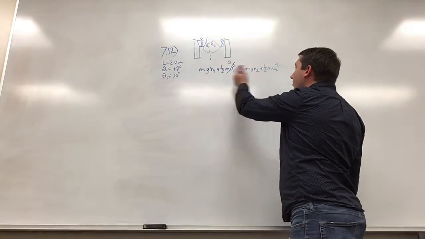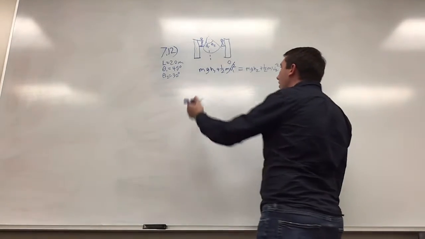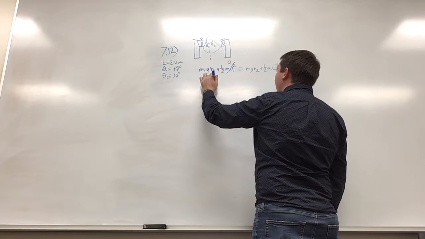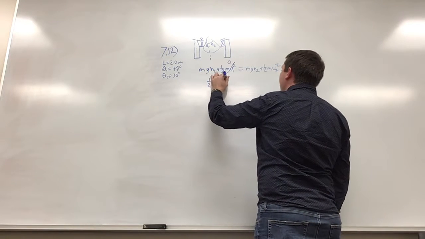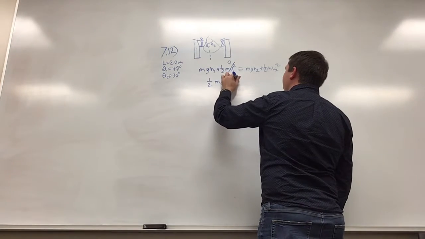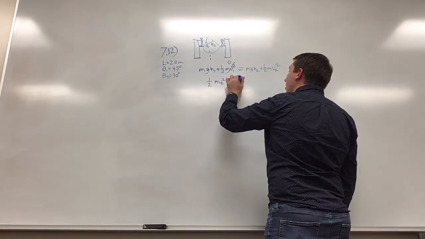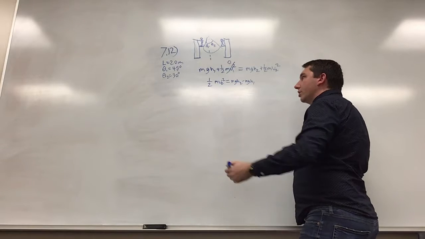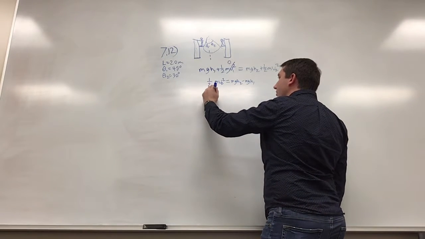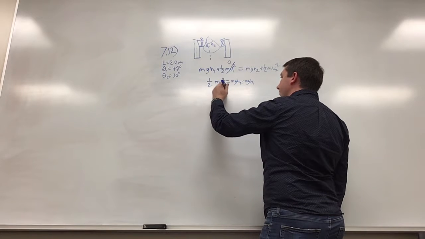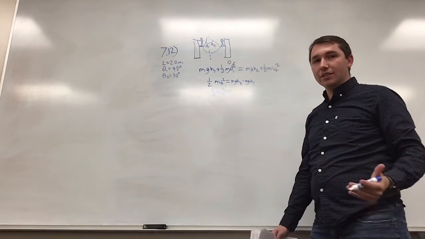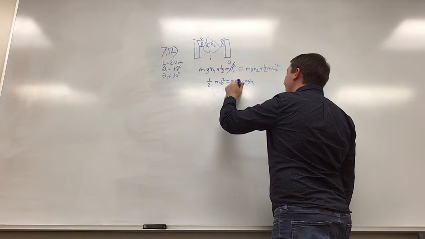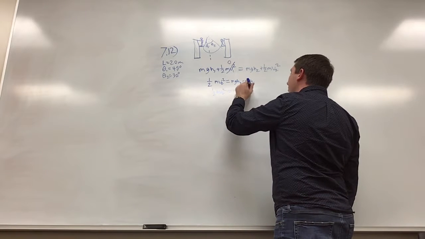And we can then simplify and solve for the second velocity. We can rewrite this equation as 1/2 mass times the velocity 2 squared is going to be equal to mass times gravity times height 2 minus mass times gravity times height 1. Both of the masses and gravity are going to be the same, so we can pull those out: mass times gravity times height 2 minus height 1.